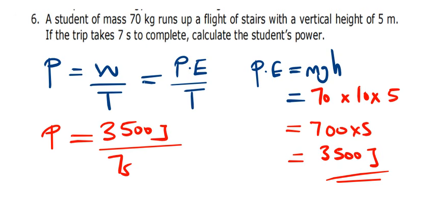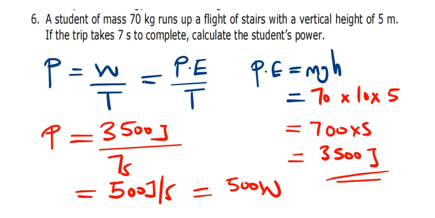So basically we're just dividing 3,500 by 7. Now you know that 7 into 35 is 5. Then we've got 2 zeros. Joule per second is the same as 500 watts. So basically that will be the power. The student's power output will be 500 watts.